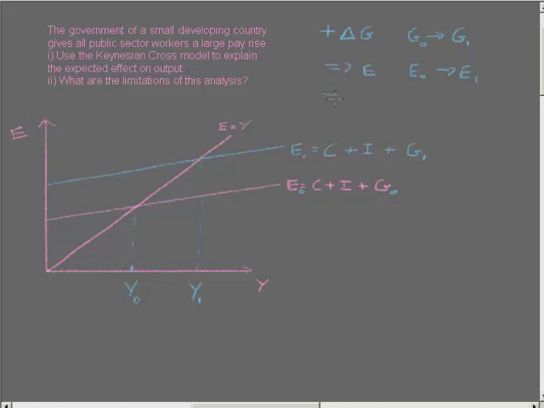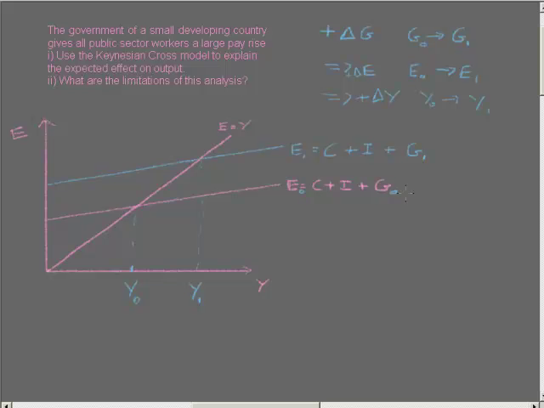It means that output would go up: plus delta in government spending, an increase in expenditure E, an increase in Y, going from Y0 up to Y1.